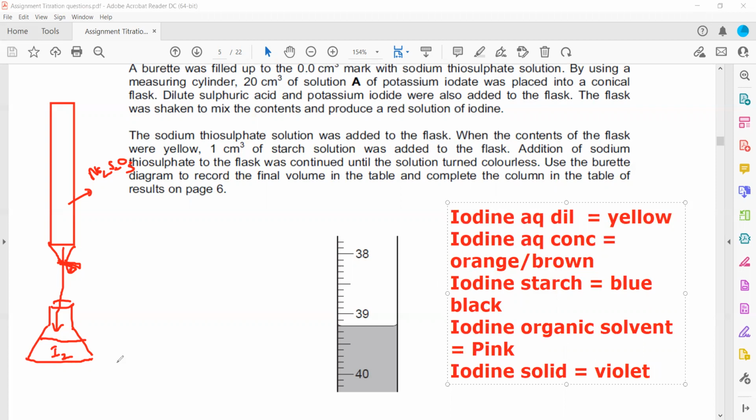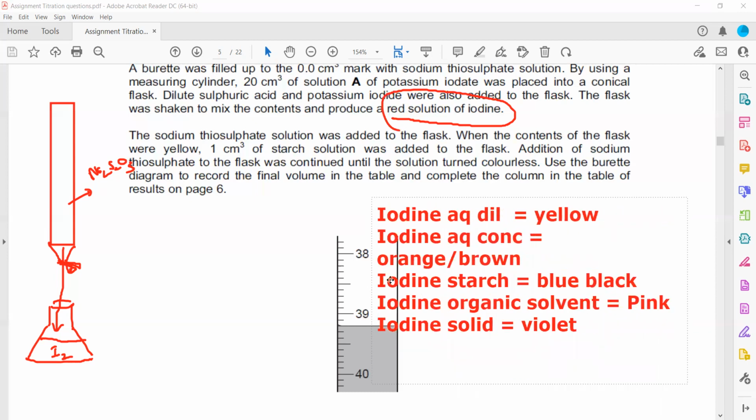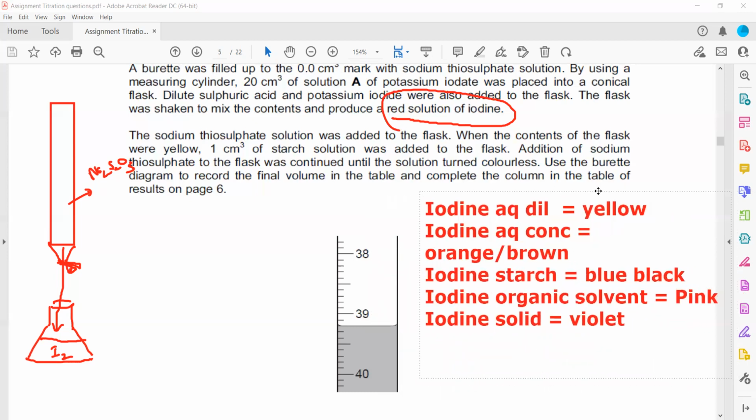Here, as you can see, initially when we add sulfuric acid and potassium iodide, the flask was shaken and the mixture produced a red solution, red, orange. This is because the iodine is produced in an aqueous solution, so it is brown, orange, red. These colors are all acceptable, depending on the concentration.